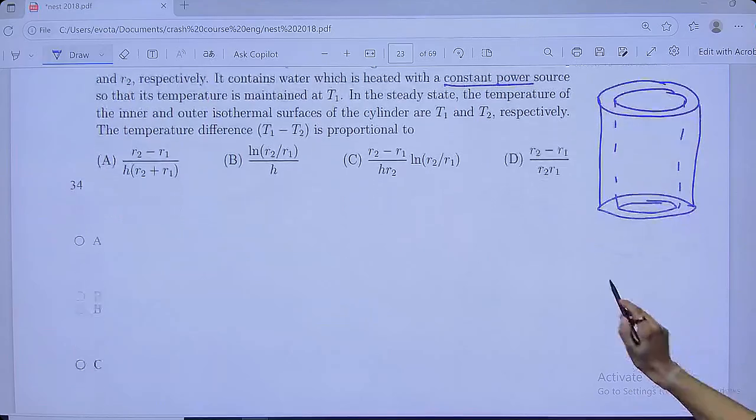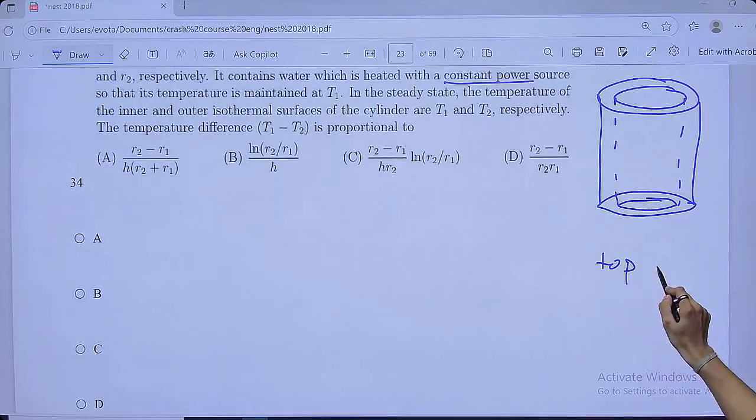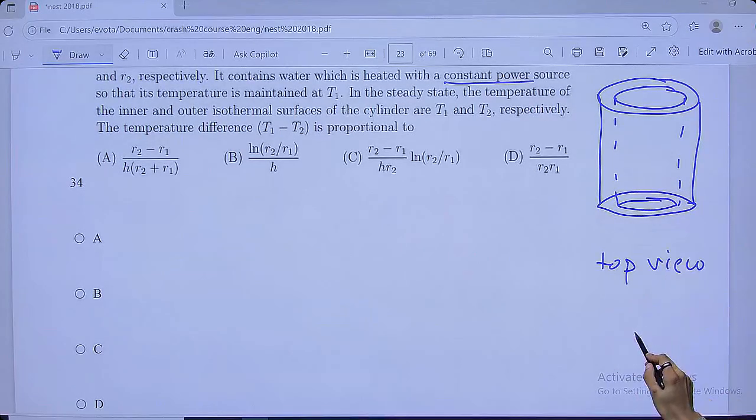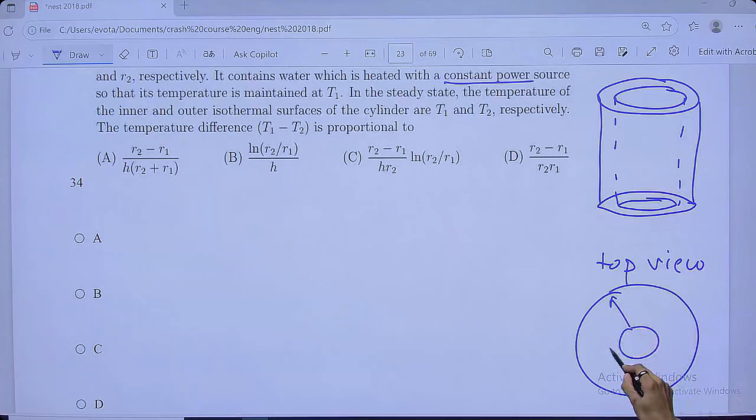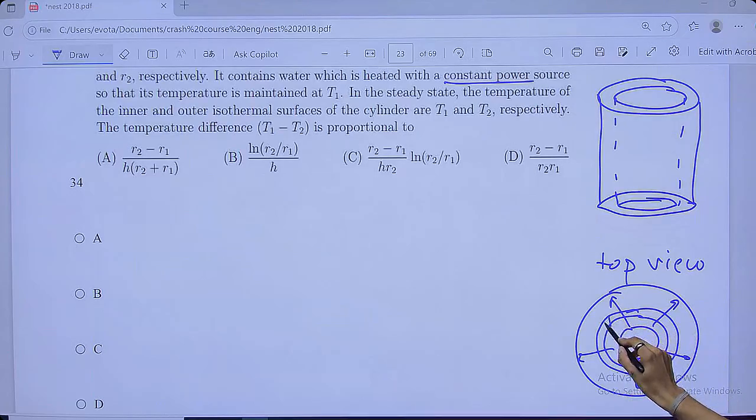If we take the top view of this cylinder, because we know that heat will travel radially outwards in this shell, if we consider a cylindrical element at constant radius from the center, across this element we can consider the temperature difference to be dT, right?